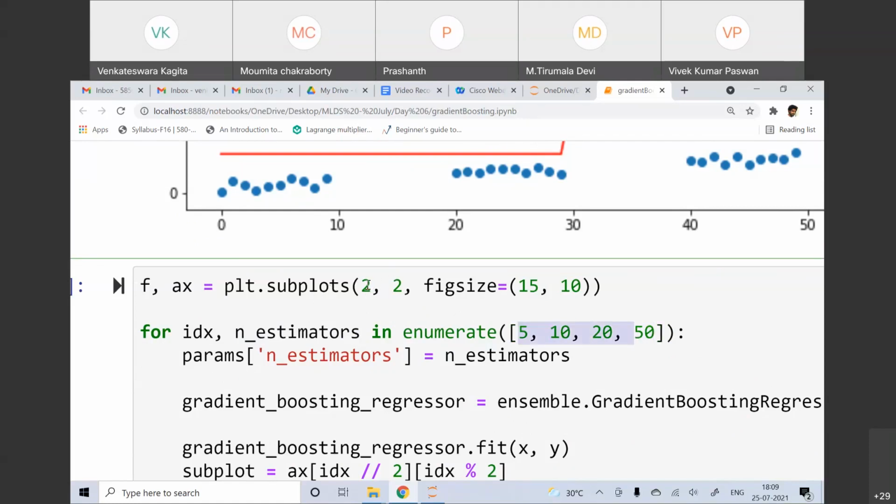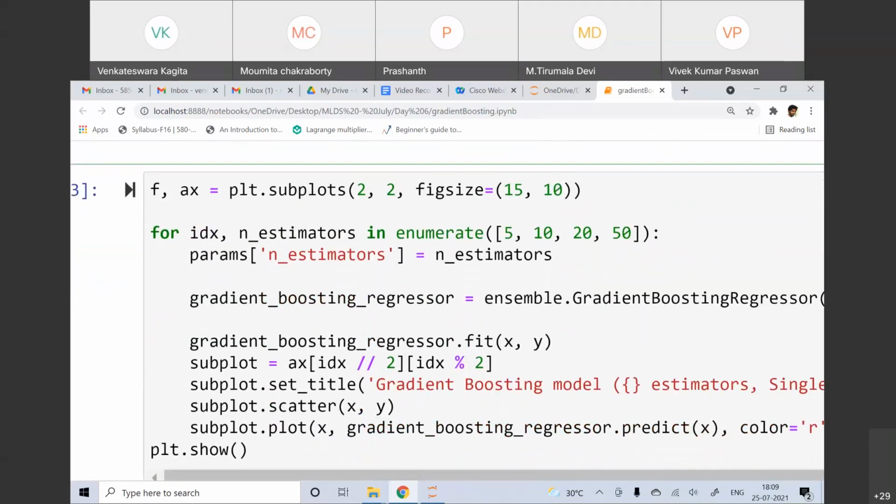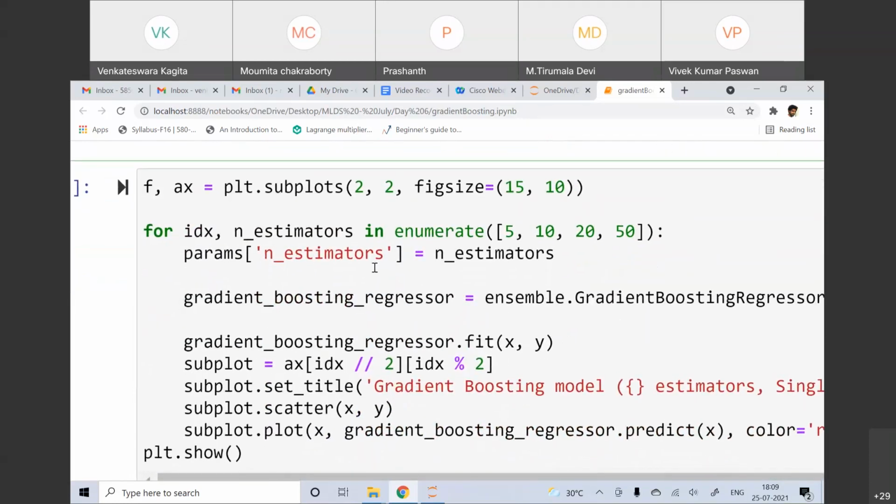As I have taken 4 parameters, I've taken subplots of 2 by 2 size and figure size 15 by 10. In each iteration, I get one of these values and set the number of estimators parameter to n estimators.